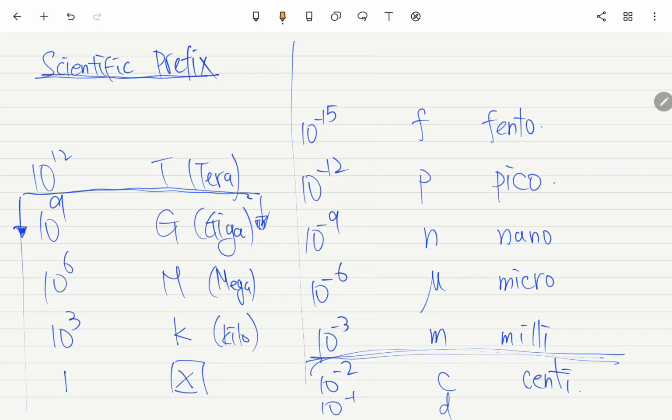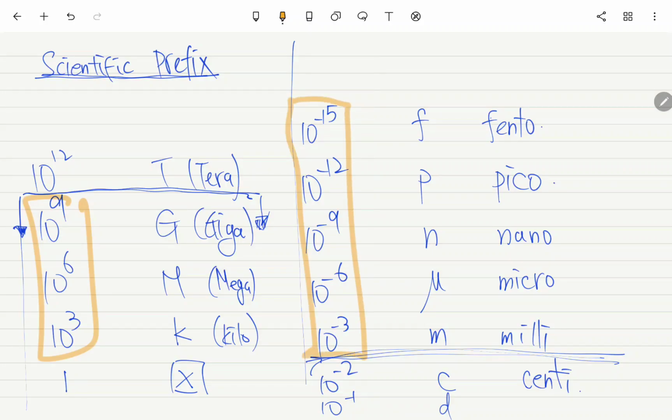So I will say you need to remember these three and these five.